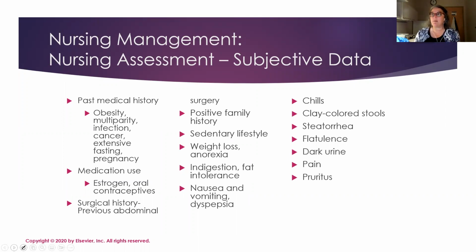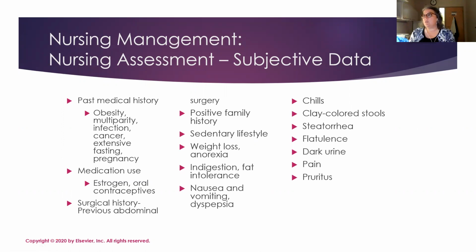If they're coming in stable with complaints of abdominal pain after fatty meals and laying down, we're going to be doing a past medical history and assessing for a variety of different subjective data. Remember when we were talking about risk factors in the first video, this is all of those different risk factors, right?